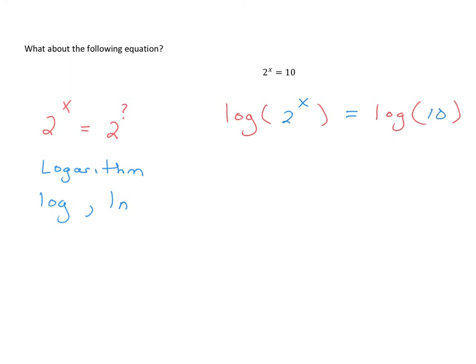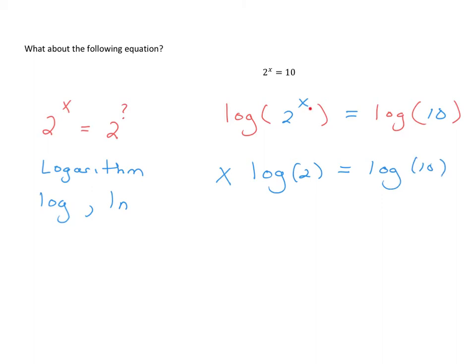Now, why would this be helpful? In the previous lesson, we saw that if you have an expression like 2 to a power, we are allowed to remove the power from this exponent and put it in front here. So this left side is equivalent to x times log of 2, and that's equal to log of 10.